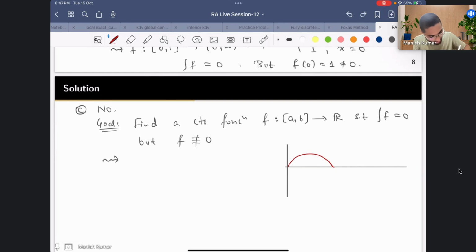Sine function I am taking. Although it does not look like a sine function, but still, this is 0, this is pi, this is 2 pi. There's some loss of symmetricity.